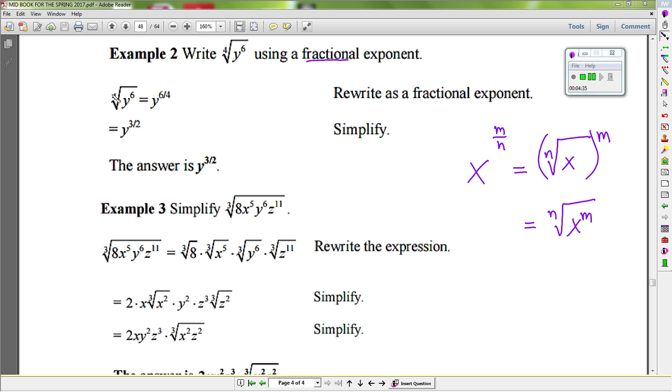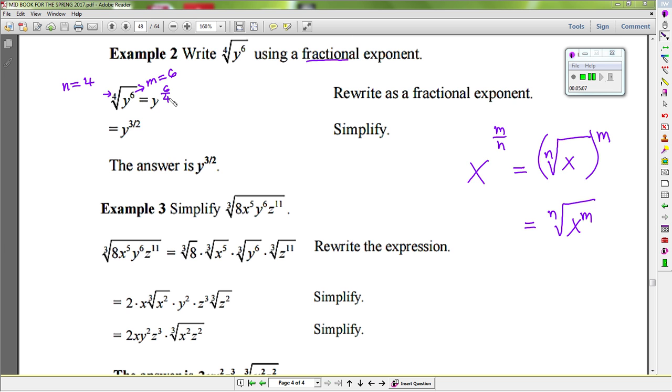So we have our n. I'll make a note right here. n is 4. Here m is 6. So therefore I'm using this formula here. My base is y, and we'll write it as a fraction exponent 6 over 4.